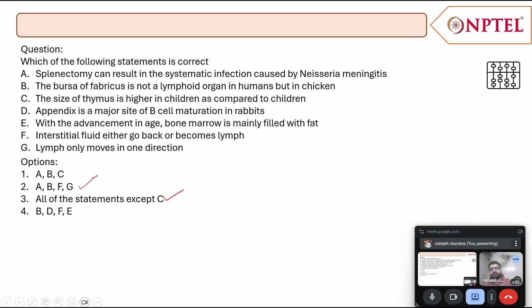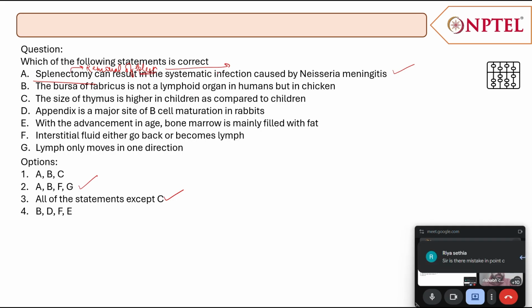Okay, so let's see the options first. Splenectomy can result in the systemic infection caused by Neisseria meningitidis. Yes, this is correct. Whenever splenectomy, the removal of the spleen, takes place, different pathogens can actually infect the body.